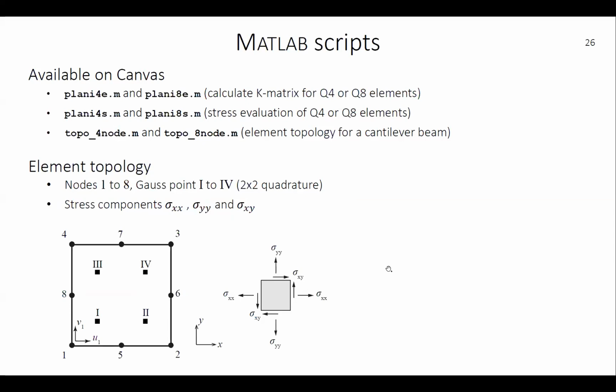And I only provided that for the 4 nodal element, and as I recall, I don't require you to calculate the stresses at the node points for the 8 nodal elements. So I believe you only need it for the 4 nodal one.